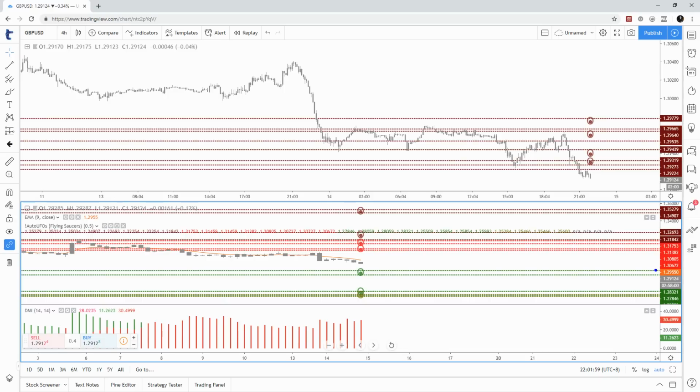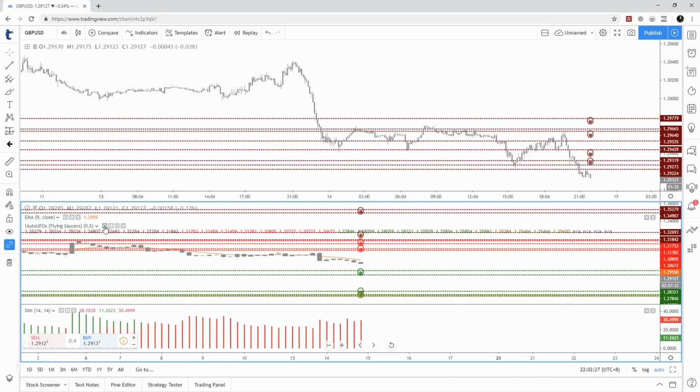So really, this green line corresponds with the first green label. That's 128.32. This is the price that we're gonna use as a target for the Great British Pound. So that's gonna be the target.